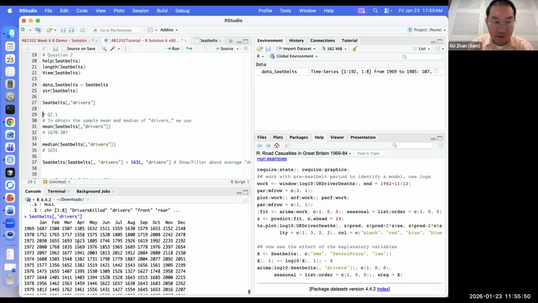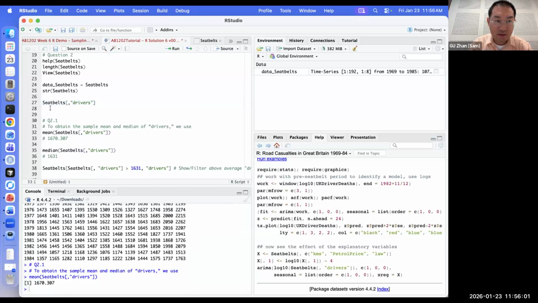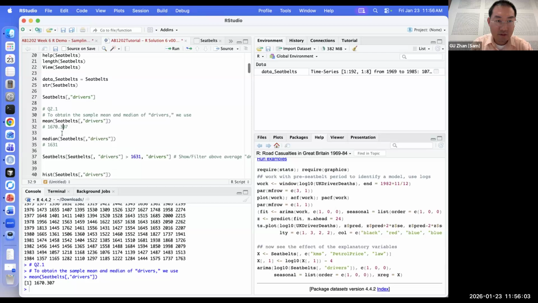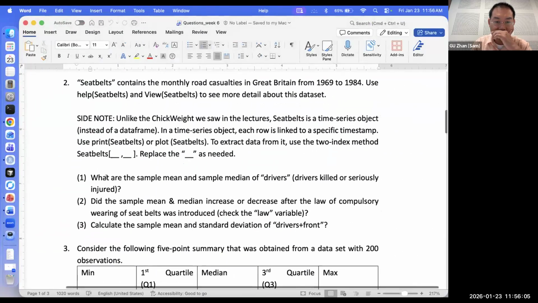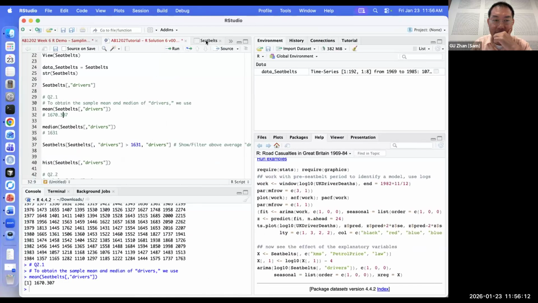How many drivers for each year, each month? That's the drivers. Now we want to find the mean value of it. Question 2.1: what are the sample mean and the median of drivers killed or seriously injured? So that's drivers.